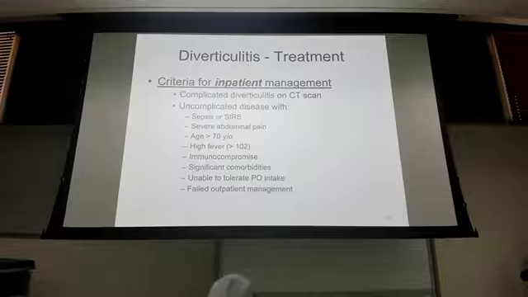If you have complicated diverticulitis on CT scan, or you have uncomplicated with any of those listed: sepsis, severe abdominal pain, you're elderly over 70, fever above 102 Fahrenheit, you're immunocompromised, significant comorbidities, unable to take oral fluids, or you've failed the 48 to 72 hour rest, take it easy, increase your fluids, then it's time for inpatient treatment.